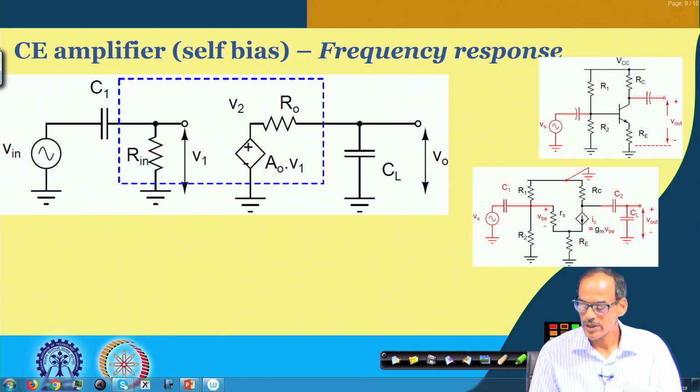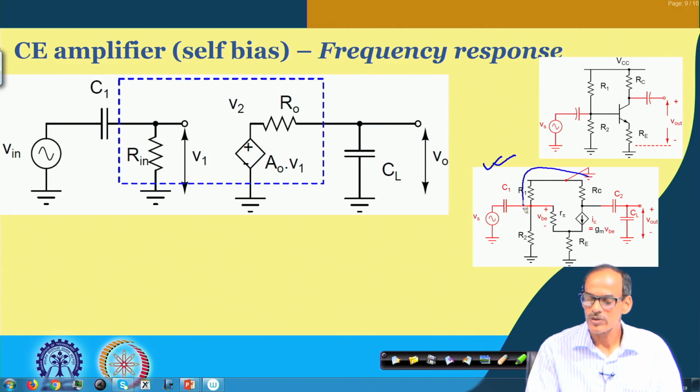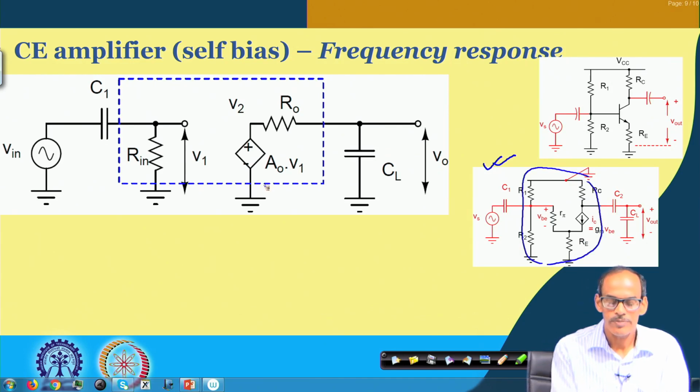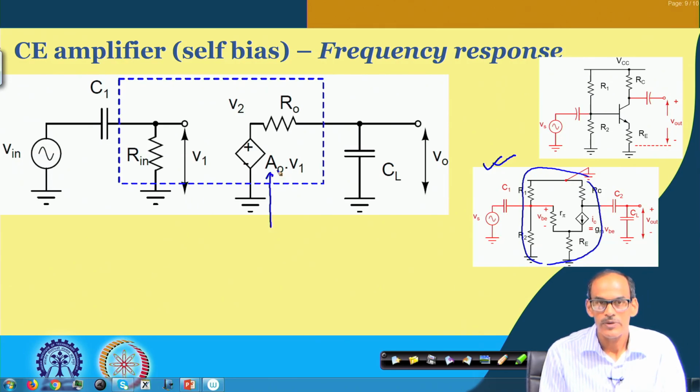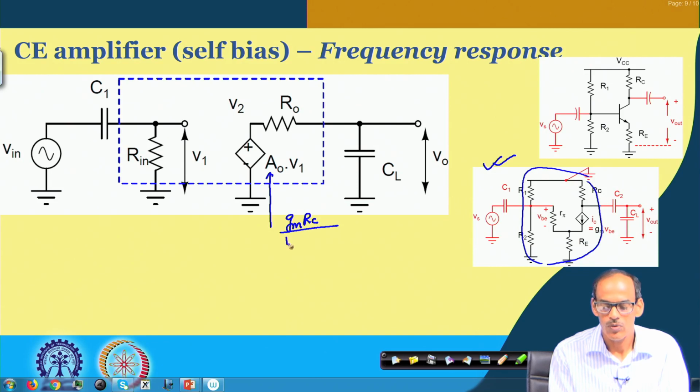Now, as we said, this is the small signal circuit where the core portion we have discussed just now, and what we have obtained is that the amplifier gain here is minus G m into R c divided by 1 plus G m into R e.